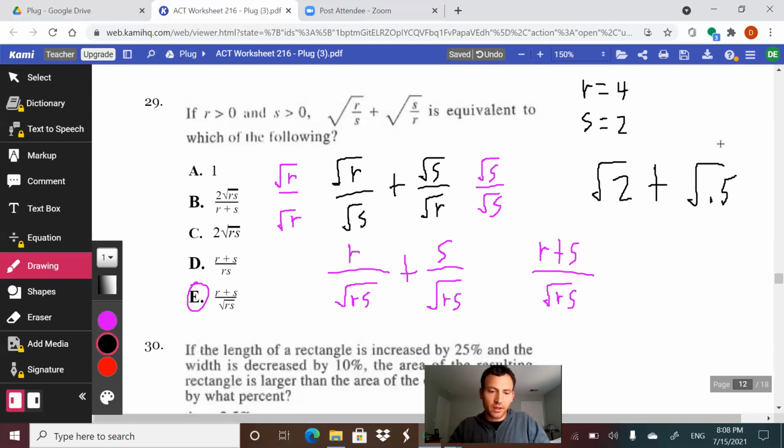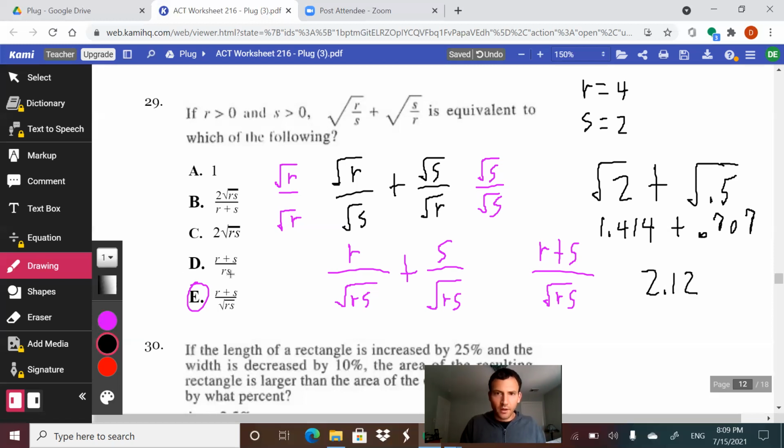The square root of 2 is about 1.414, the square root of a half is roughly .707. Add those together, and you're going to get just a little bit over 2, approximately 2.12. So if we go back into this one, it really should work.